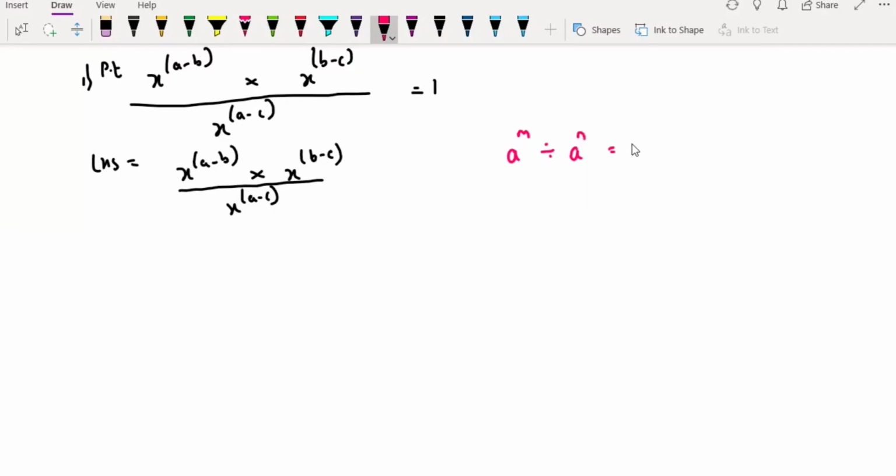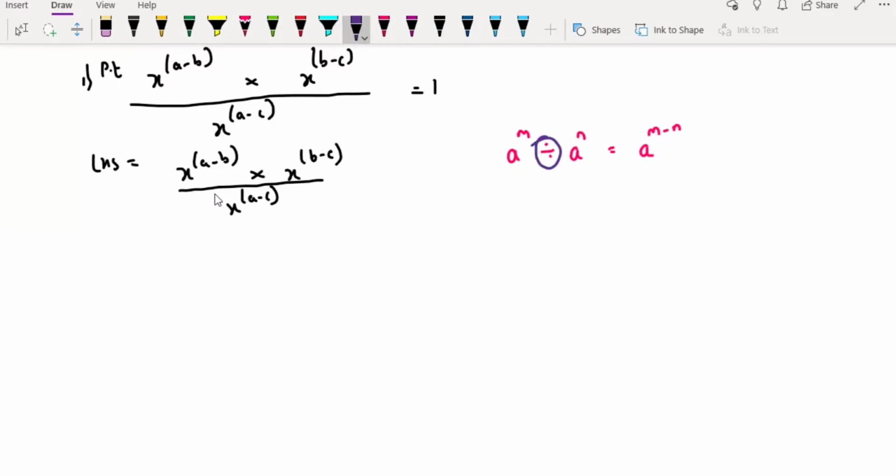As you can see, the bases are the same and it is division, so we have to subtract the powers, that is a to the power of m minus l. When our base is the same and it is division, we subtract our powers.